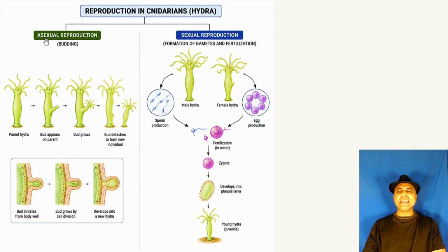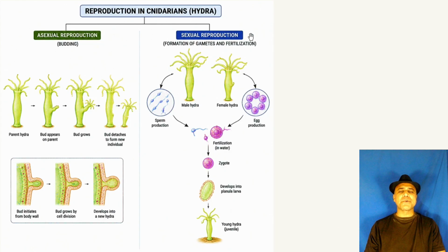You can see asexual reproduction by the process of budding. A bud is formed on the surface of hydra. This bud grows larger, and finally this bud separates from the parent organism. This is a type of asexual reproduction.